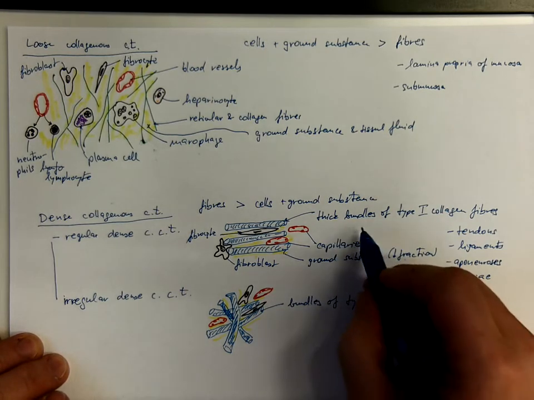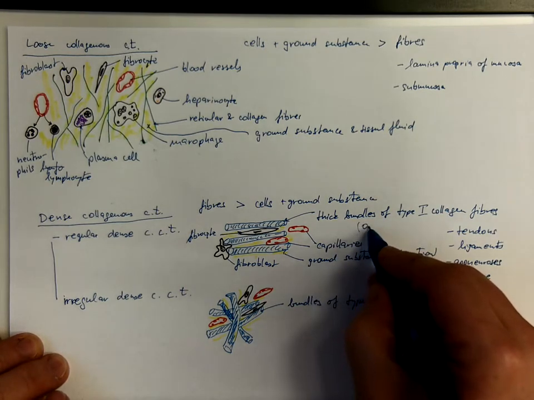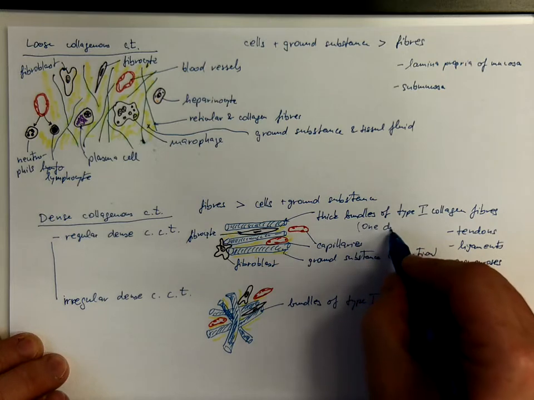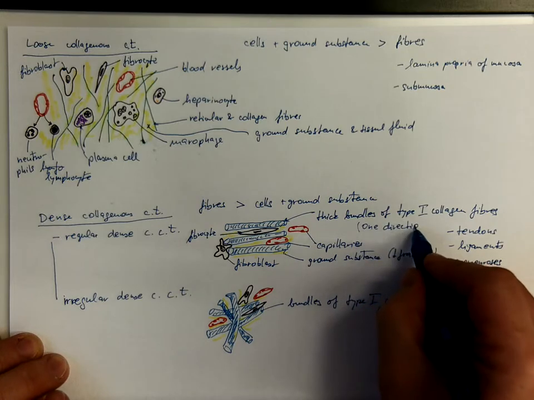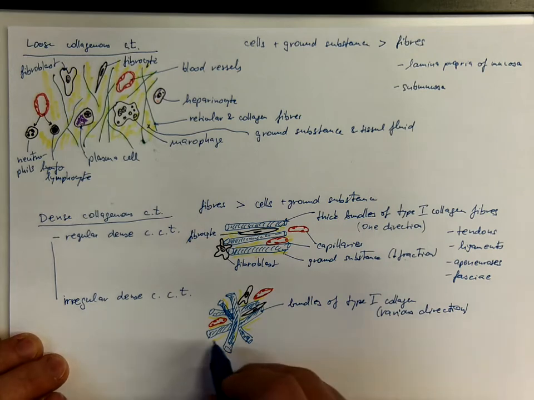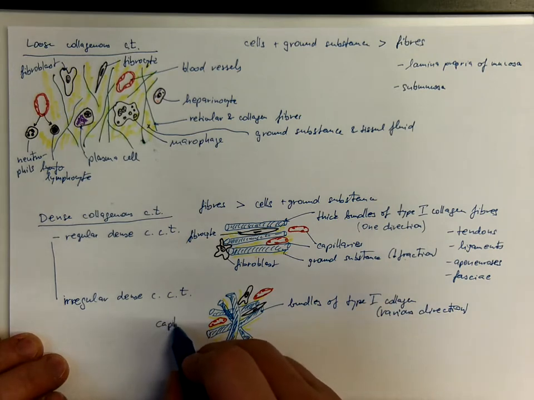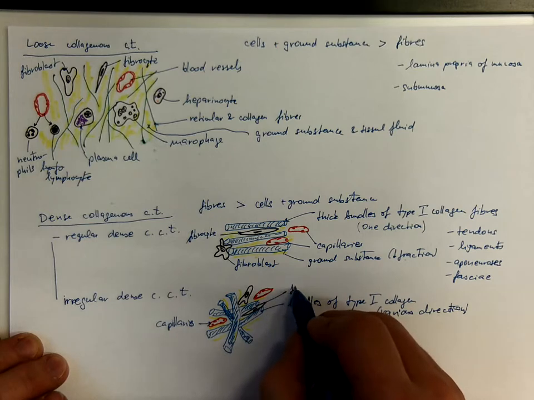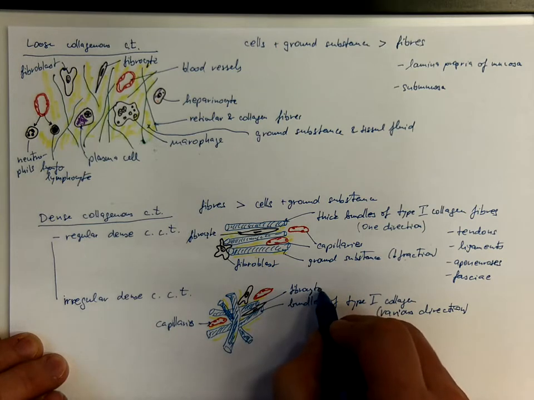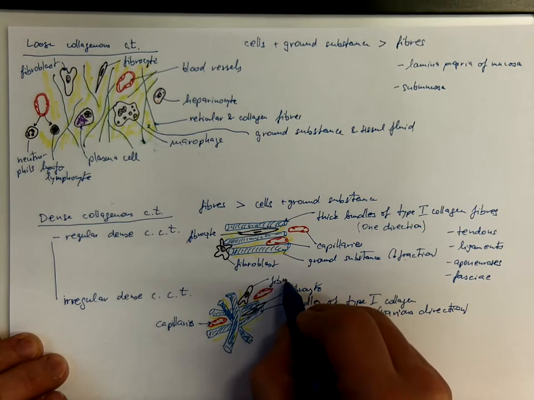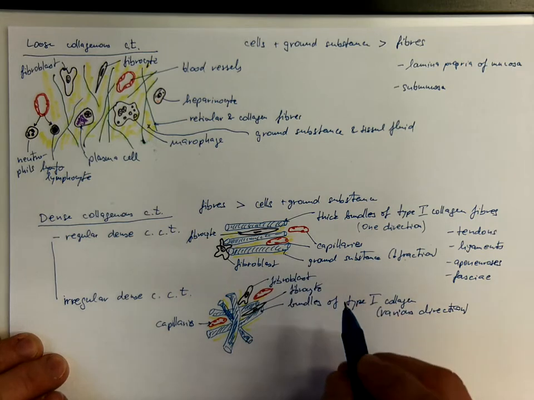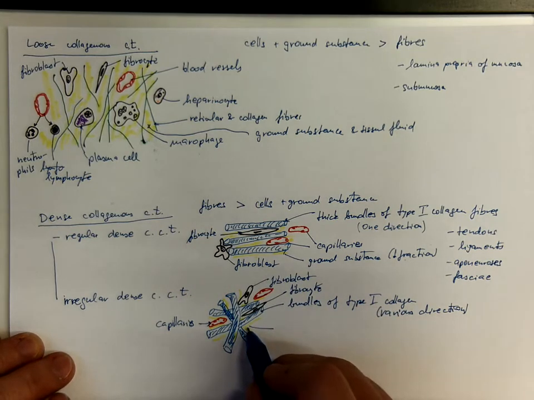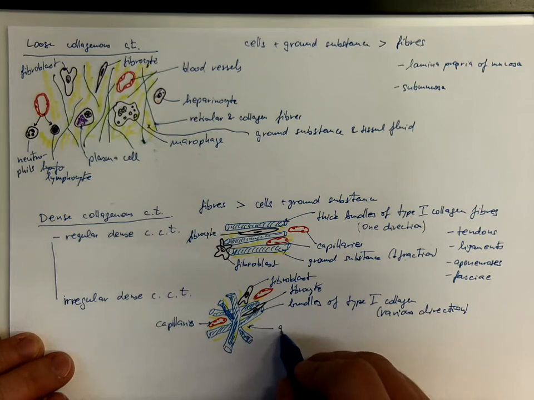Well, in the previous type there was one prevailing direction. There are capillaries, fibroblasts, fibrocytes. And again, a small fraction of ground substance.